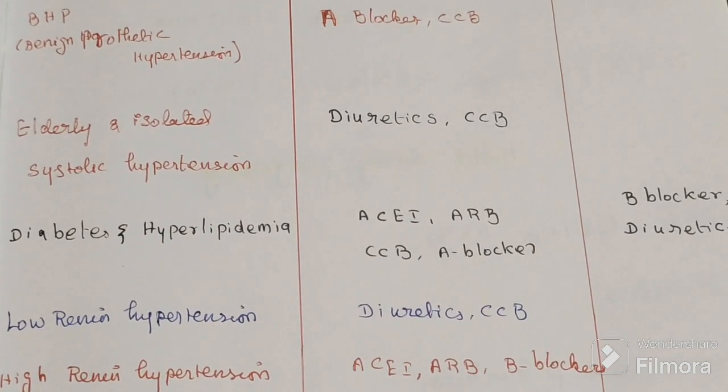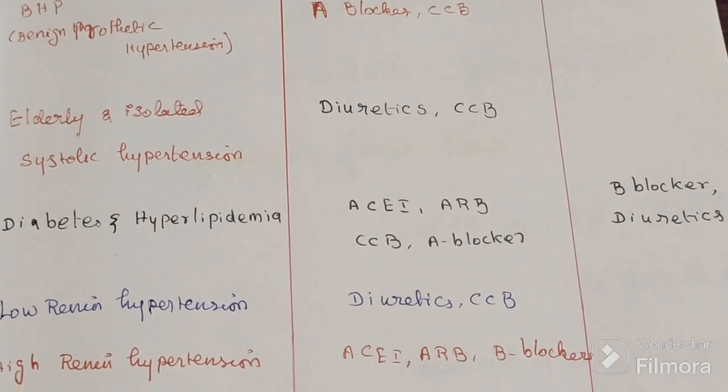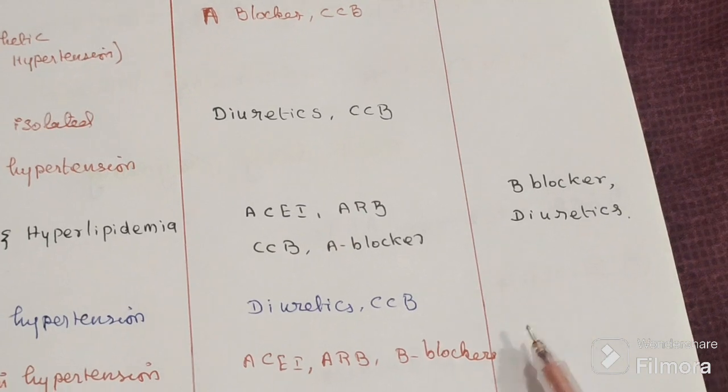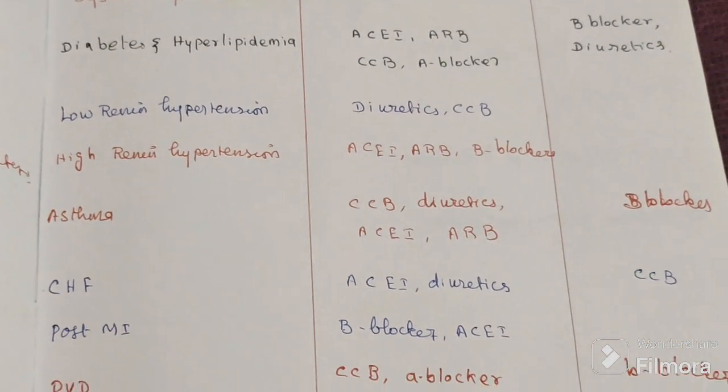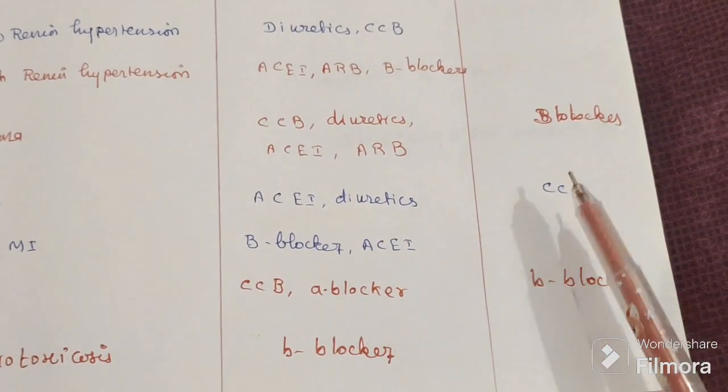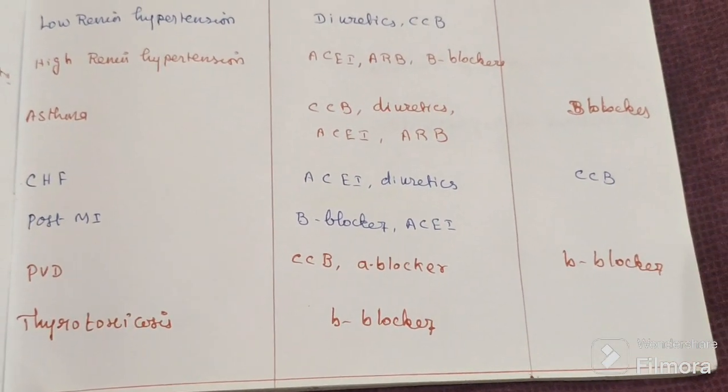In diabetic and hyperlipidemia conditions, never give beta blockers and diuretics. So these are the drugs recommended in some diseases, and these are not recommended.